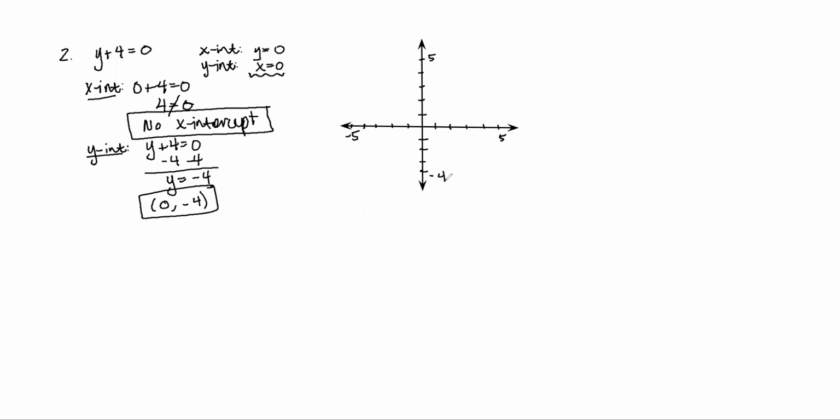So if you notice for this one, we have no x-intercept, which means it's never going to be able to hit the x-axis. But we know that our y-intercept is at 0, -4. So we know we're going to be at 0 left to right and down 4. And now in order to not cross the x-axis, we're going to have a horizontal line going through -4.